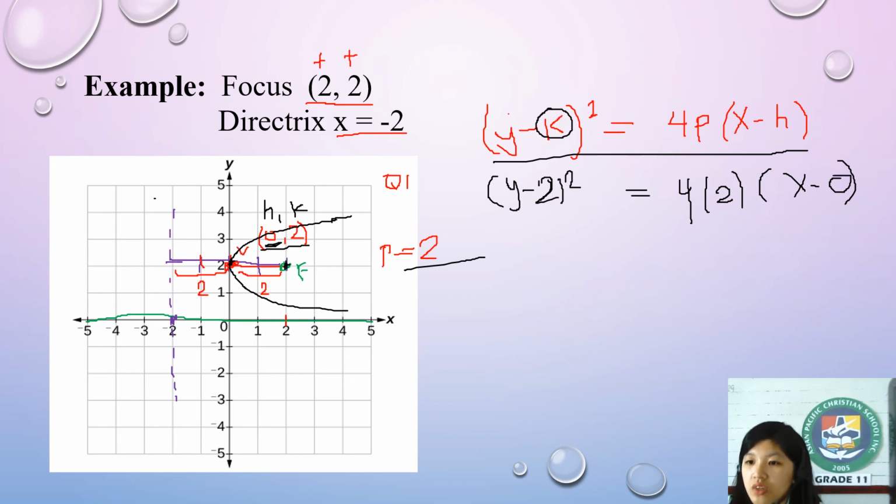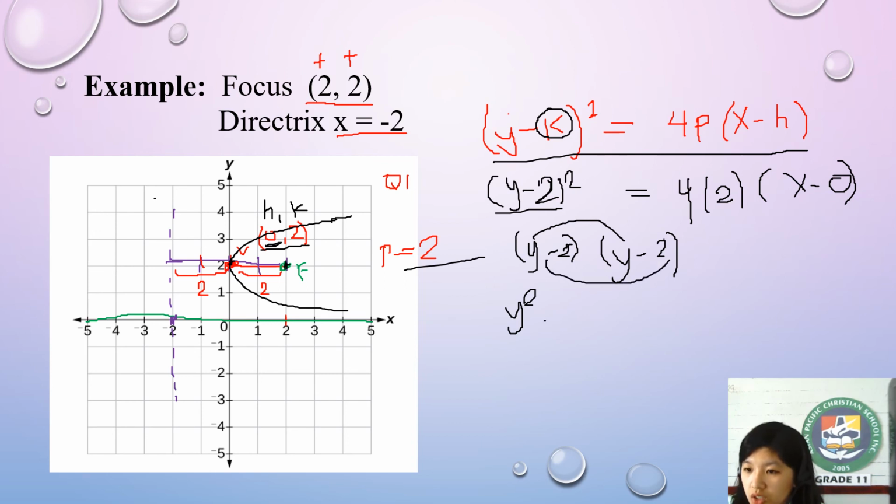So, para isolve muna natin sila, dito muna tayo. Y minus 2 squared. So, paano ba mag-solve ng ganito? Y minus 2. Y minus 2. So, diba using FOIL method? First, y times y will be y squared. Then, outer, y and negative 2: y times negative 2 will be negative 2y.